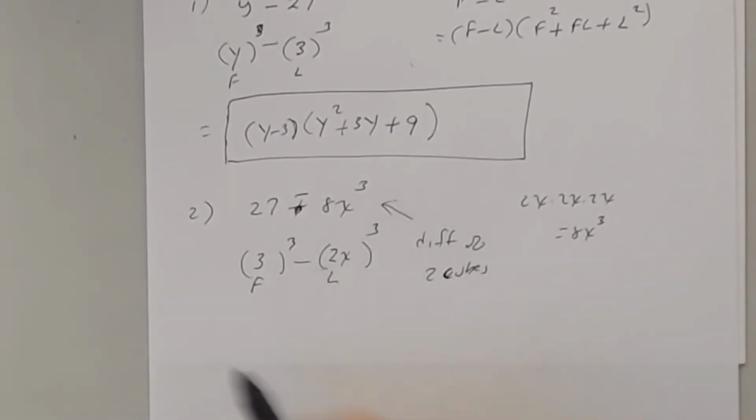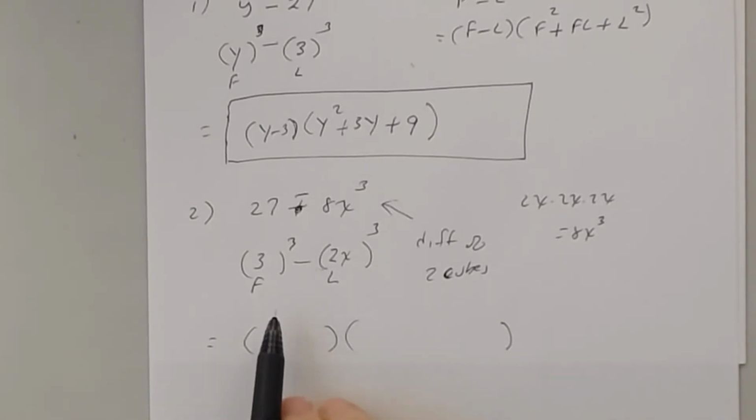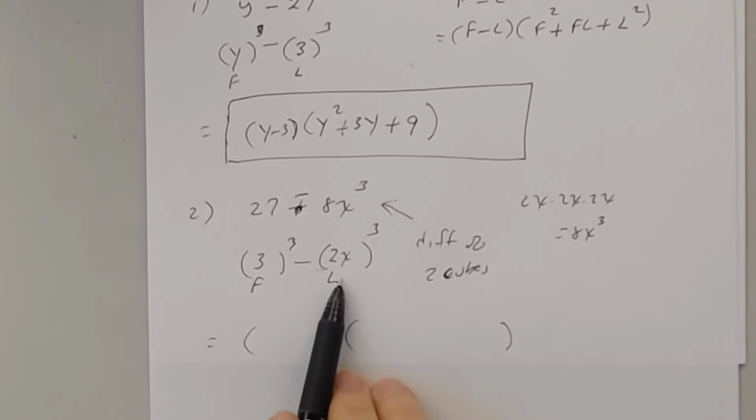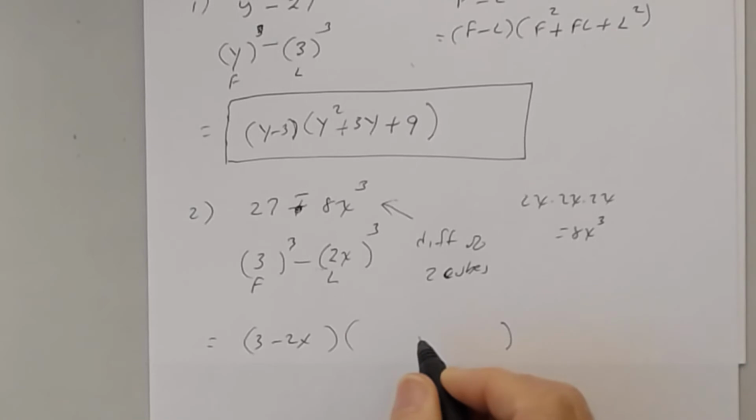So remember, when you factor this with two cubes, it's a binomial times a what? Trinomial. My binomial is always the easiest. What's my binomial? 3 minus 2x, F minus L. 3 minus 2x.